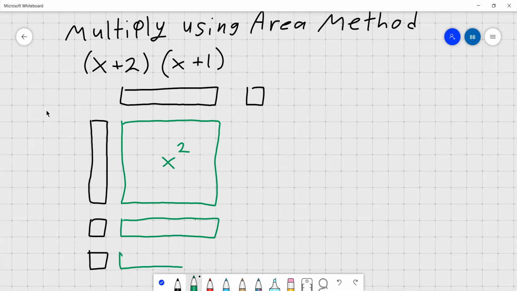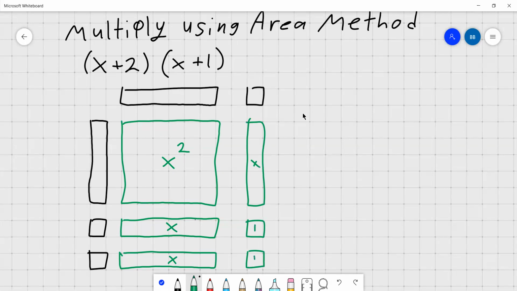Same thing down here, and these represent x. Same thing over here with this square, we will draw an x. Now down here, we have a 1 unit and another 1 unit, so we will draw these 1 units.